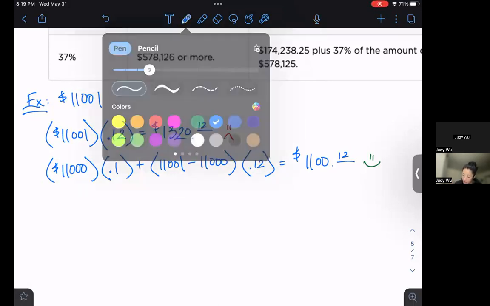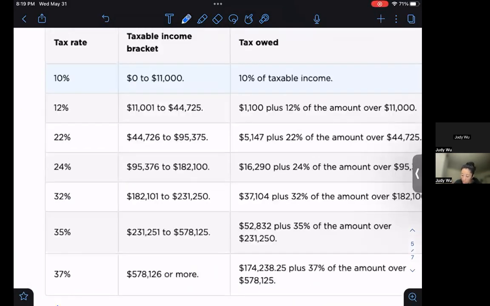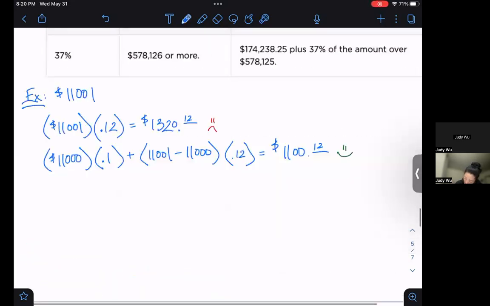So let's try another example, all right? So let's say this time, instead of making just $11,001, I actually make $44,725, okay? So let's see what that would be like. 44,725.